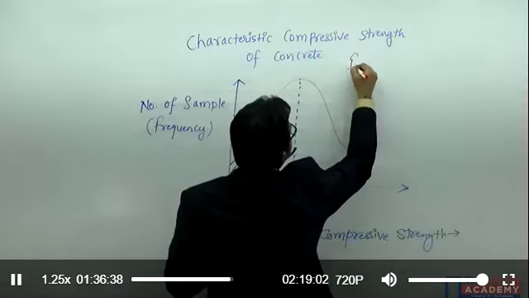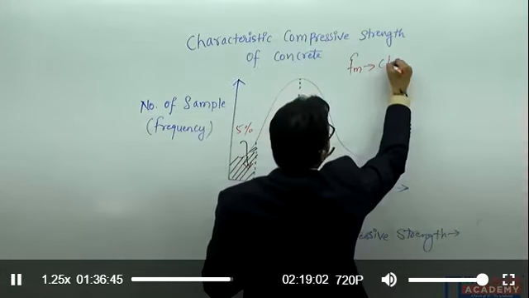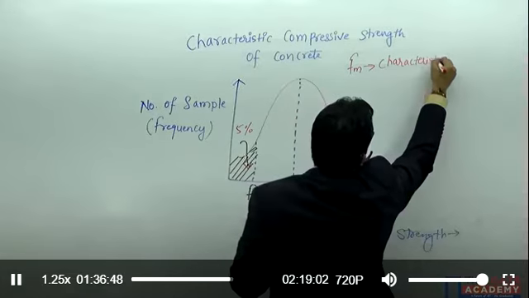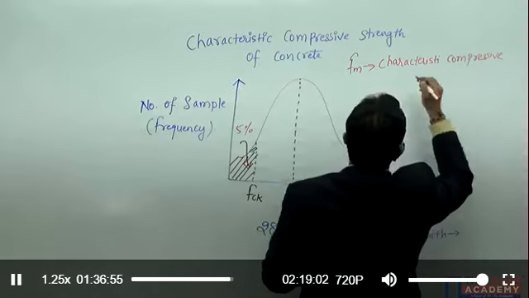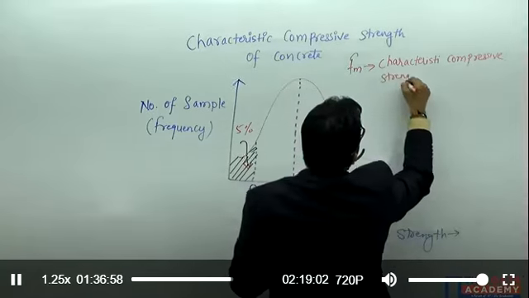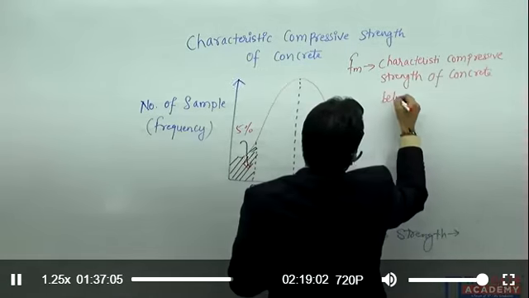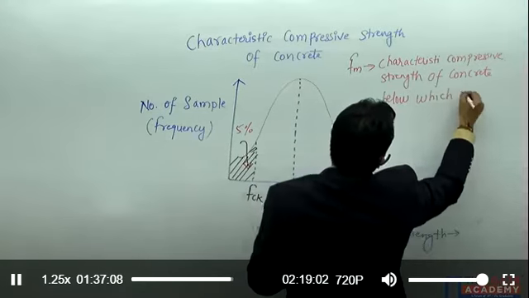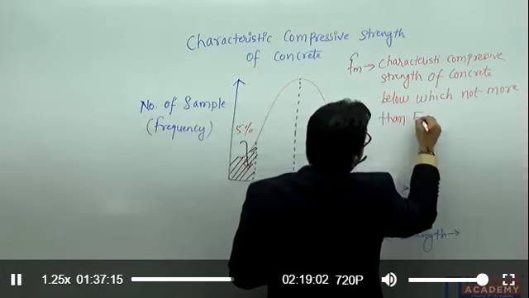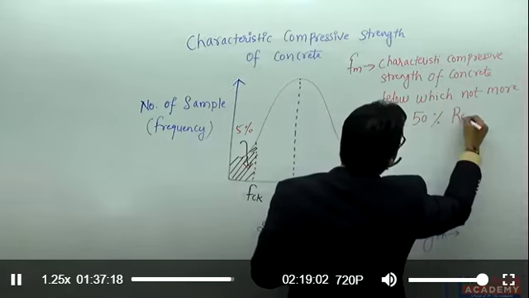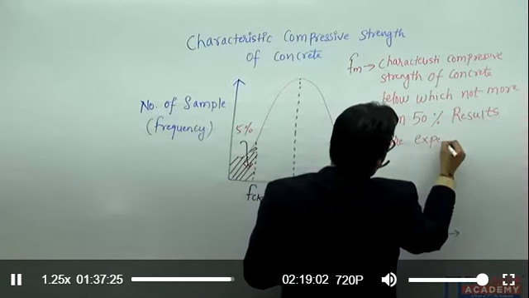FM is the characteristic compressive strength of concrete below which not more than 50% results are expected to fall.